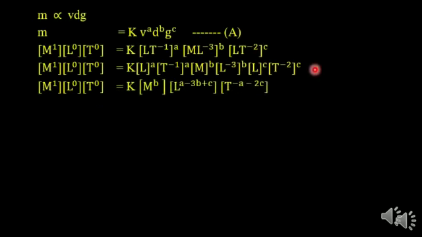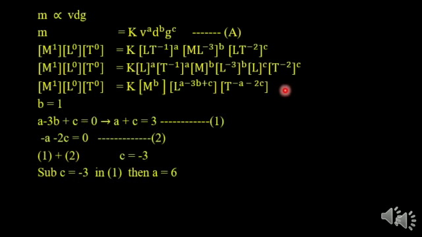After taking the powers inside the square brackets, the right side of the equation becomes k M to the power of b, L to the power of a minus 3b plus c, T to the power of minus a minus 2c.